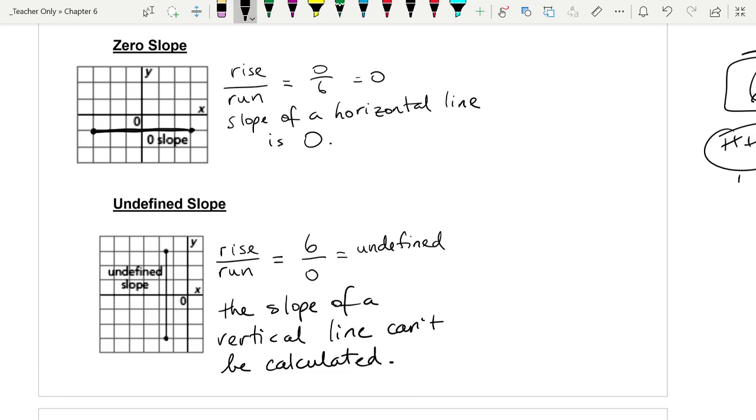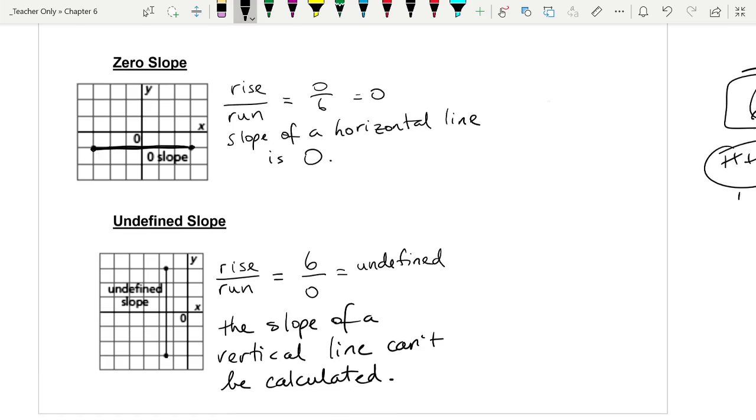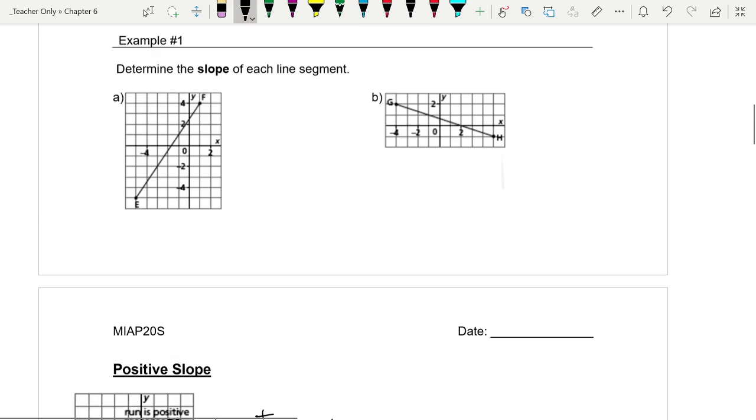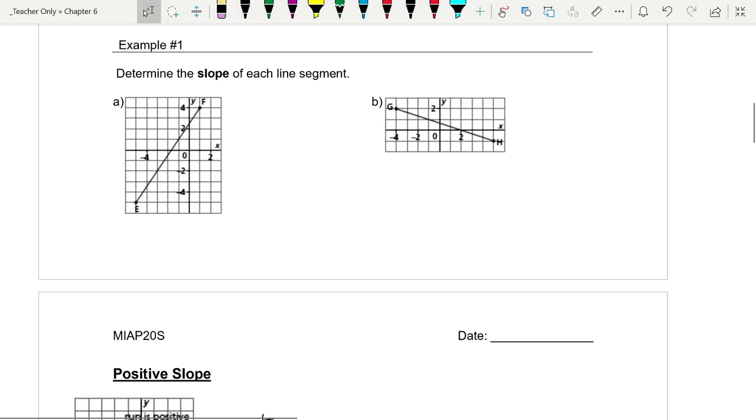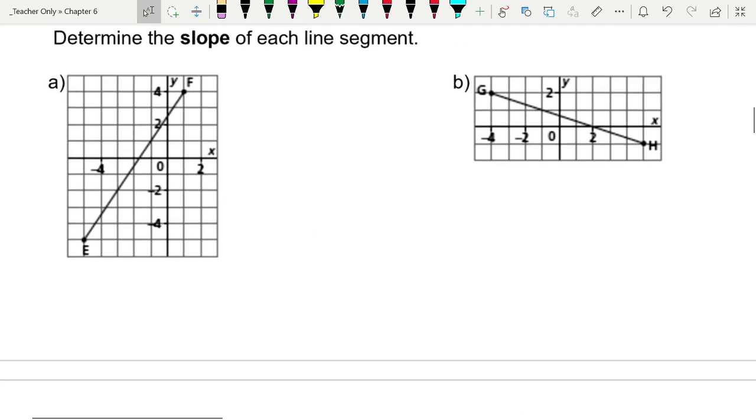All right, now I'm going to go backwards on mine. Yours is underneath. Back to example 1. Right, that is your example 1, right? Yeah. Okay. So determine the slope of this line segment. So first of all, I would like to maybe show you what symbols I use. I use m, little m for slope.